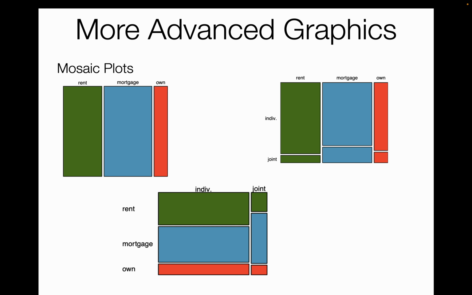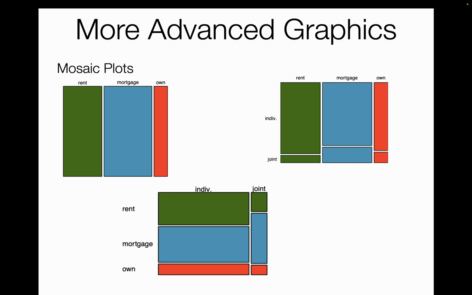The top right and bottom left are the same data, just with the variables switched on the row and the column. Rent, mortgage, own versus was it an individual or joint loan?